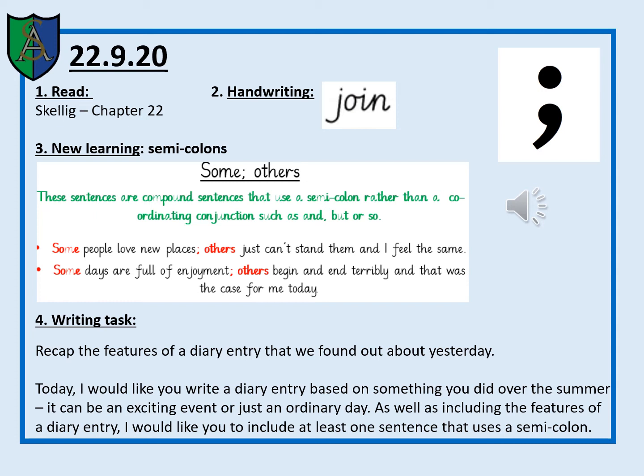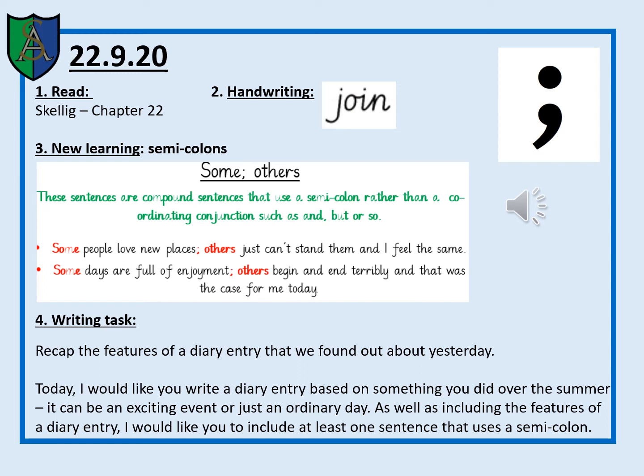We're going to try and use these sentence types today in a diary extract. So let's have a little look at your writing task. Recap the features from the diary entry that we learned yesterday. So it's first person pronouns, an informal tone, writing about emotions and feelings and opinions and so on.